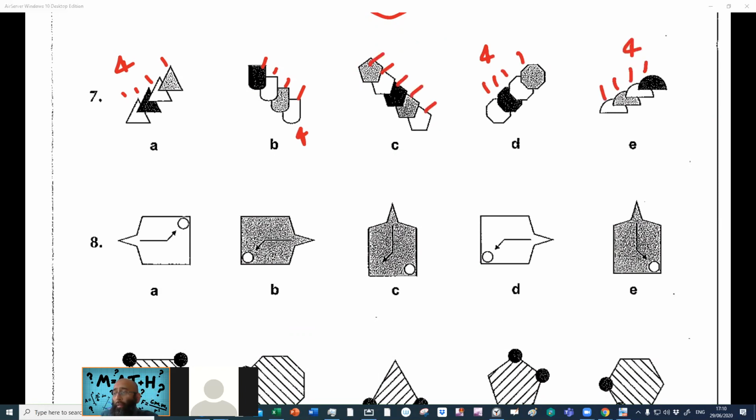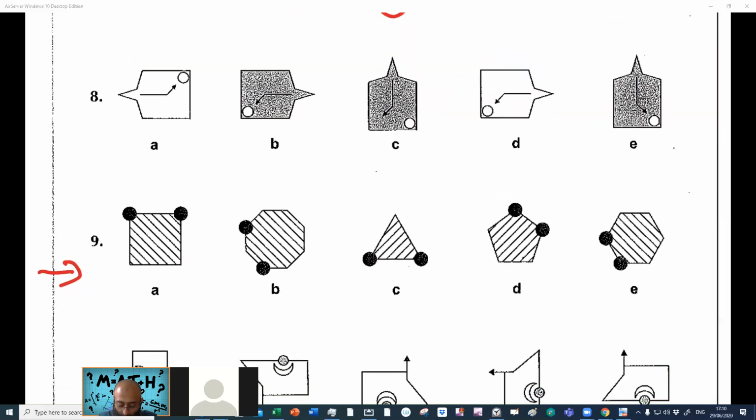So for question number 7, the answer is C, because that's the only one with 5 sides. Everything else has 4 shapes of the same shape, and answer C has 5 of them. So they've got to have 4 shapes in each one, which are identical, but they can be different color. Question number 8.